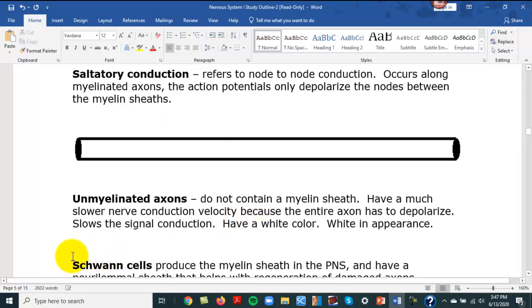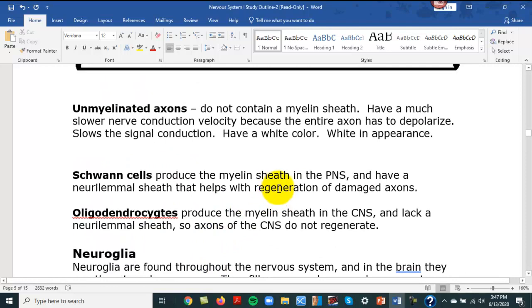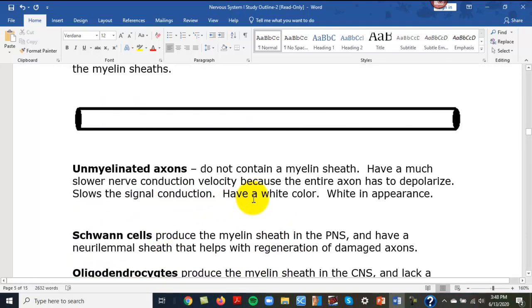So, anyway, unmyelinated axons, they are not white. They have a gray color, and you saw that. Gray in appearance, have a gray color.